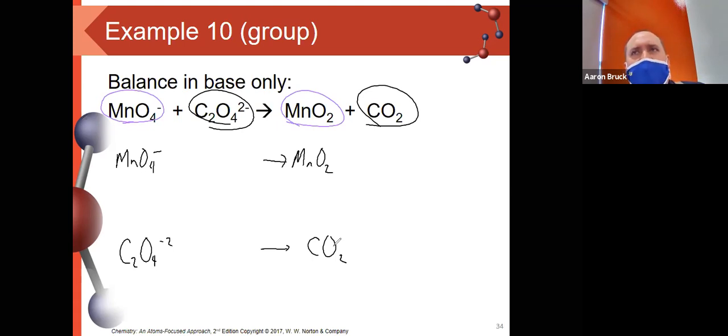Those are my two half reactions. Now, at this point, I don't know which one is oxidation and which one is reduction. That will come out as I do the balancing. But those are my two pieces.